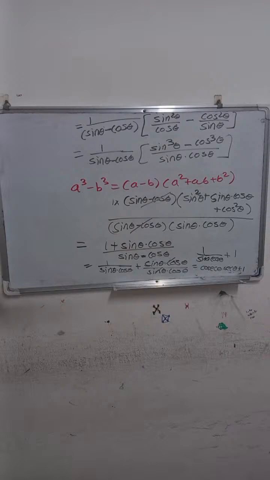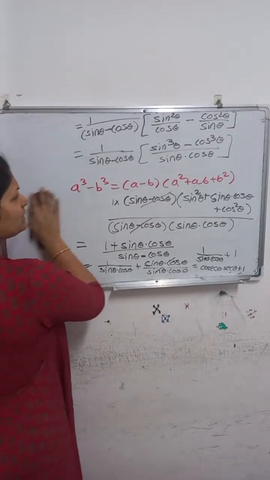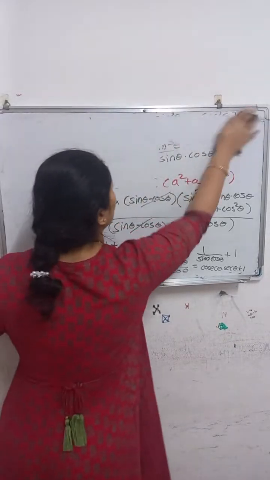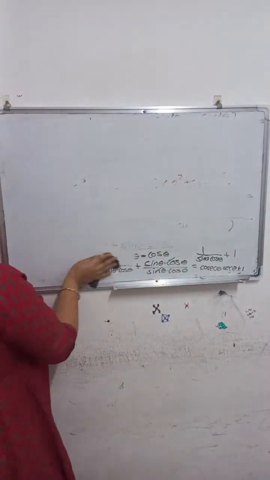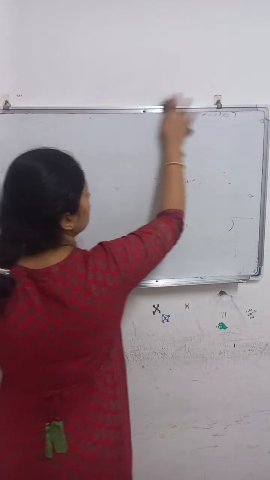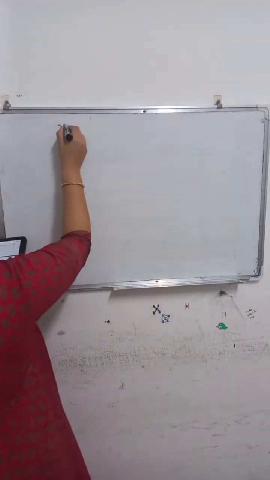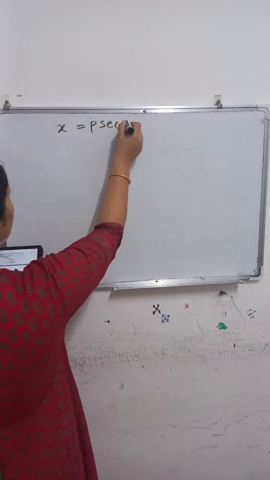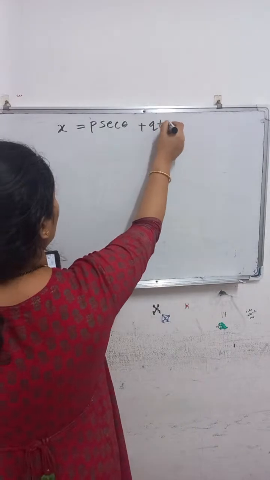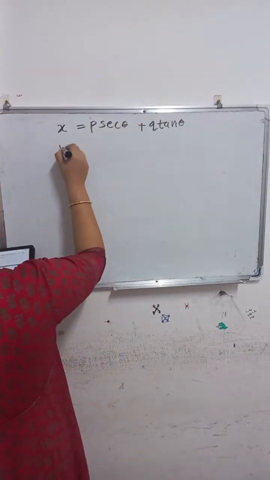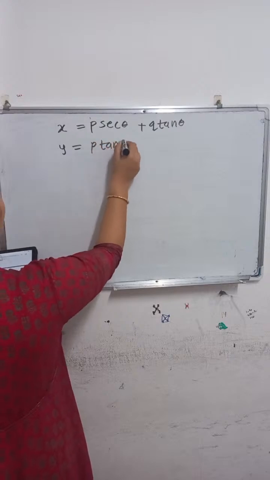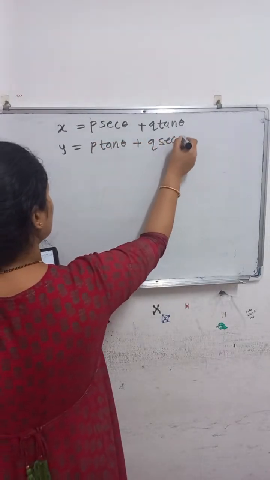So write down: if x is equal to p sec theta plus q tan theta, and y is given as p tan theta plus q sec theta.